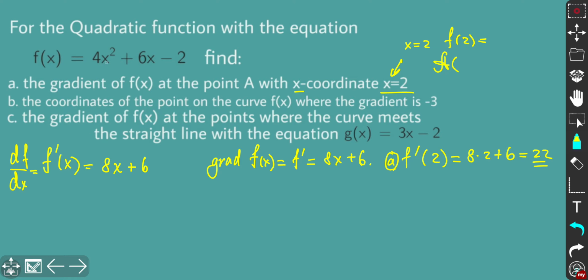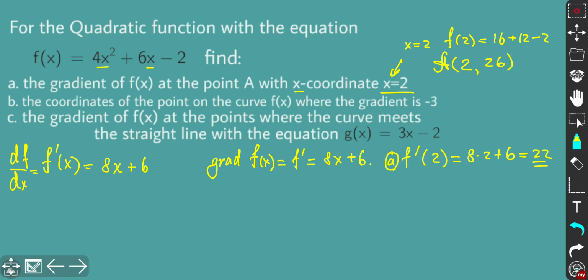For f(2), you simply plug in 2. You'll get 2 squared is 4, 4 times 4 is 16, plus 6 times 2 is 12, and minus 2. So it's going to be 26. So when x is 2, the result for y is 26, and that's the y coordinate. So that's why x equals 2 is enough.